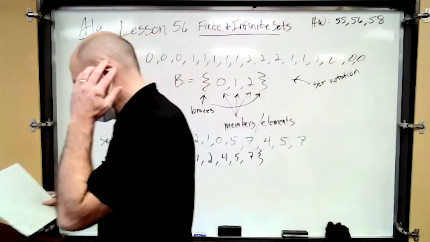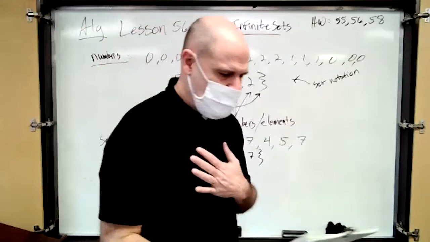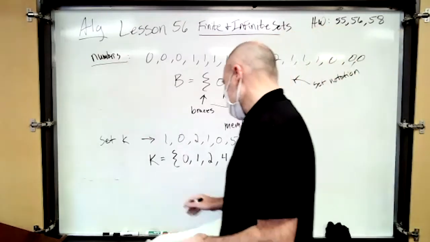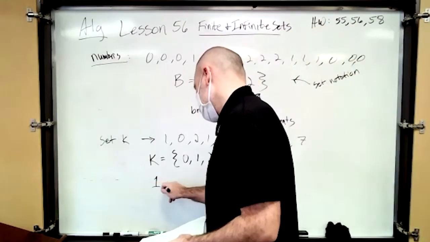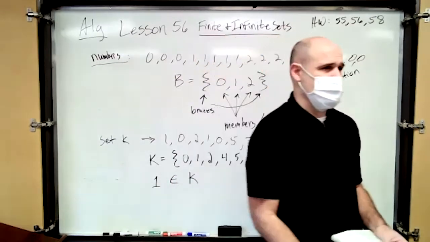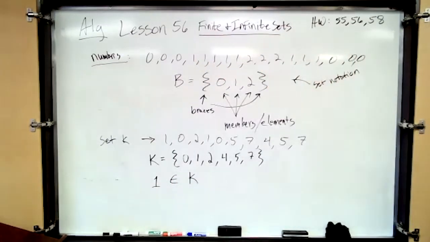Okay. So here's the other. I'm gonna teach you a couple new symbols. So I could say that 1 is a member of K. So that little epsilon, that fun little E there, the way I remember it is another word for member. What's another word for member?